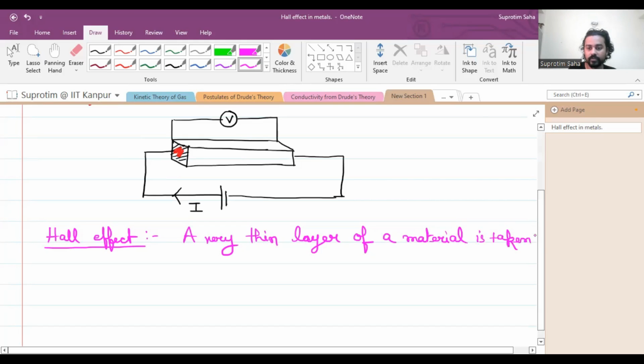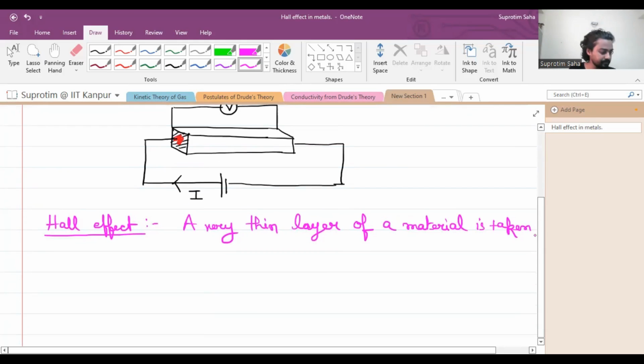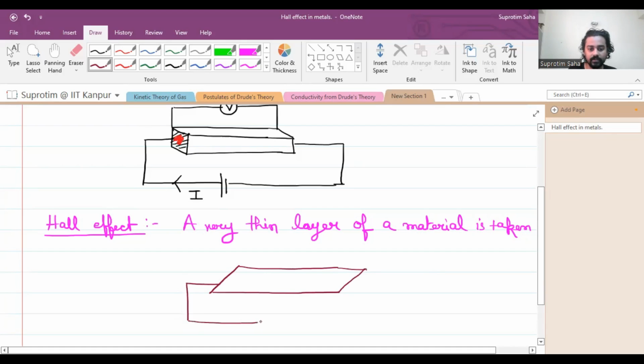All right. So the layer is depicted by this. This is the thin film of the material, and you send in current across the material.